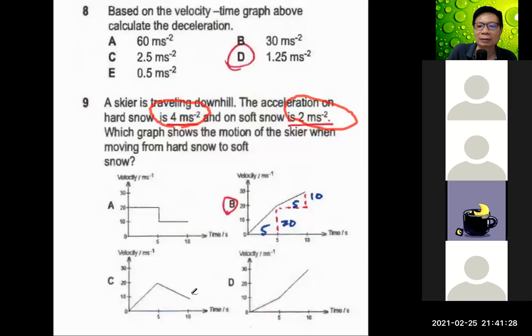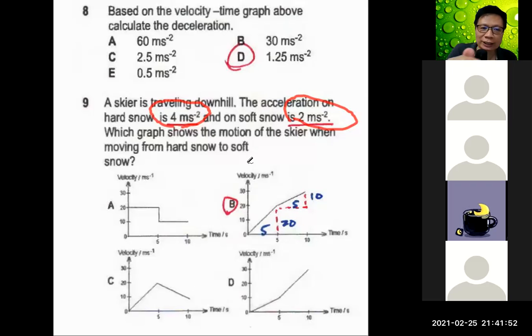Sir, I got a question. Yes, come. Because first of all, they say they are on the hard snow, then they got acceleration 4, and when they turn to soft snow, they got 2. But why not they decelerate to 2 in order to get acceleration of 2? It doesn't say it's decelerate.